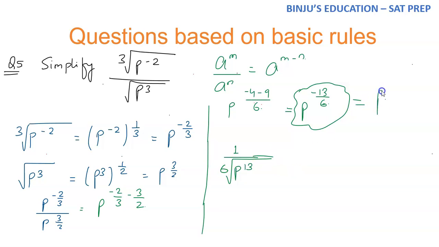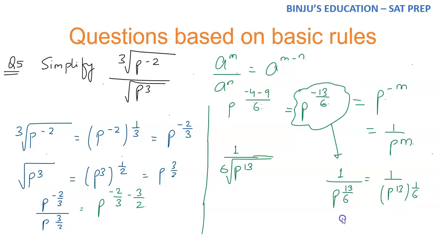So this is like p to the power minus m, right? m is 13 by 6. So this will become 1 over p to the power m. So p to the power minus 13 by 6 will first become 1 over p to the power 13 by 6, which you can also rewrite as 1 over p to the power 13 whole to the power 1 by 6, which you can also rewrite as 1 over p to the power 13, and you'll be doing the sixth root of this expression.